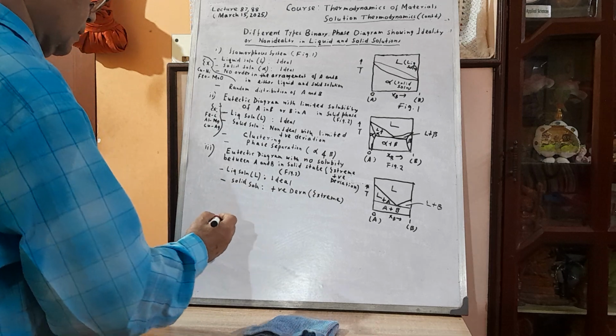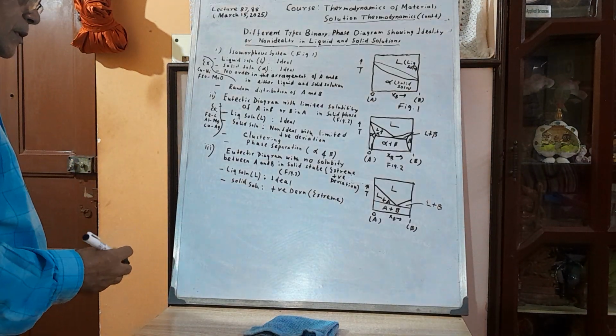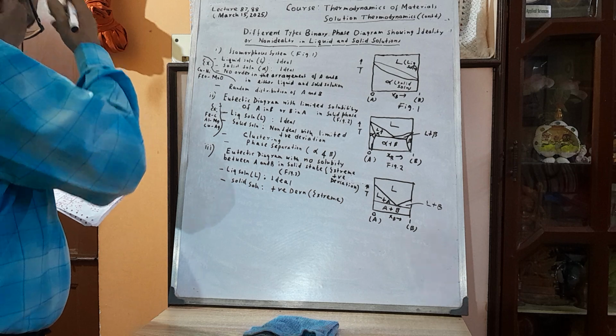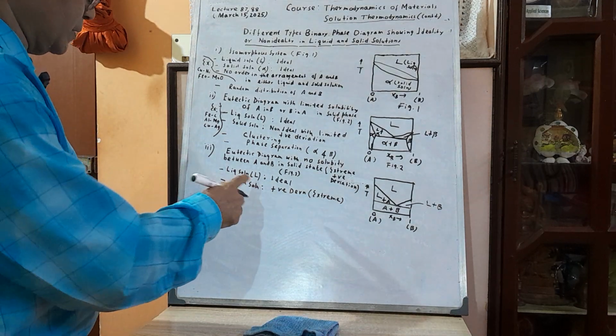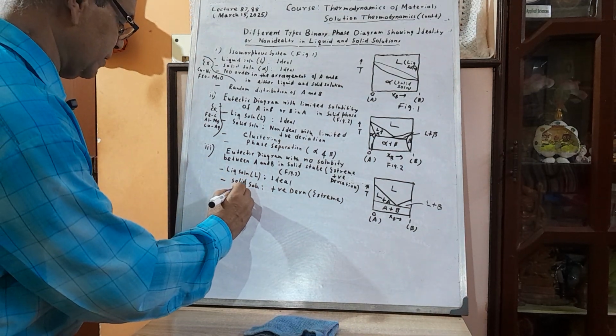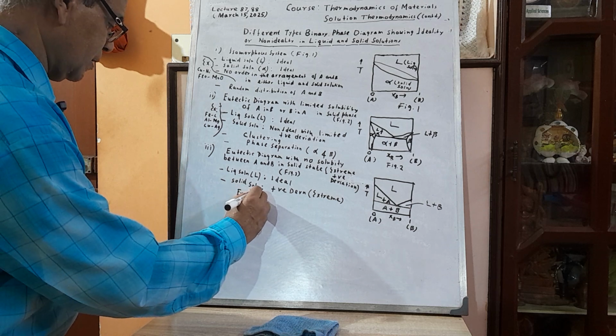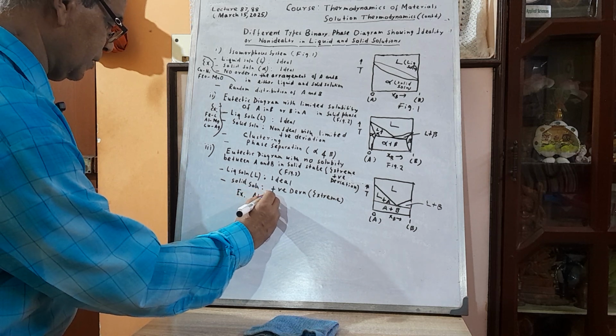So these two properties we have mentioned here. Example, what system? Aluminum germanium.